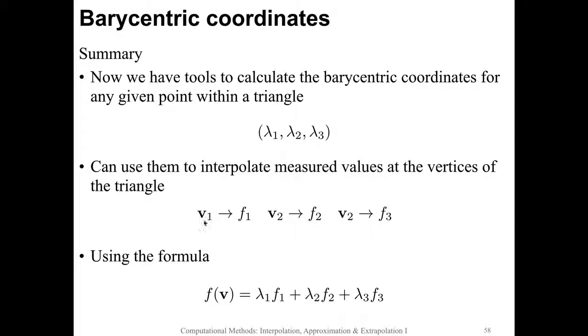So if the three different vertex locations, v1, v2, and v3, have measurements f1, f2, and f3, then we can use our barycentric coordinates to blend our measurements to provide an interpolated value at our target location v. And we have to recall that we did all of this to interpolate some irregular data in this case, in 3 dimensions, or it could even be in more dimensions.